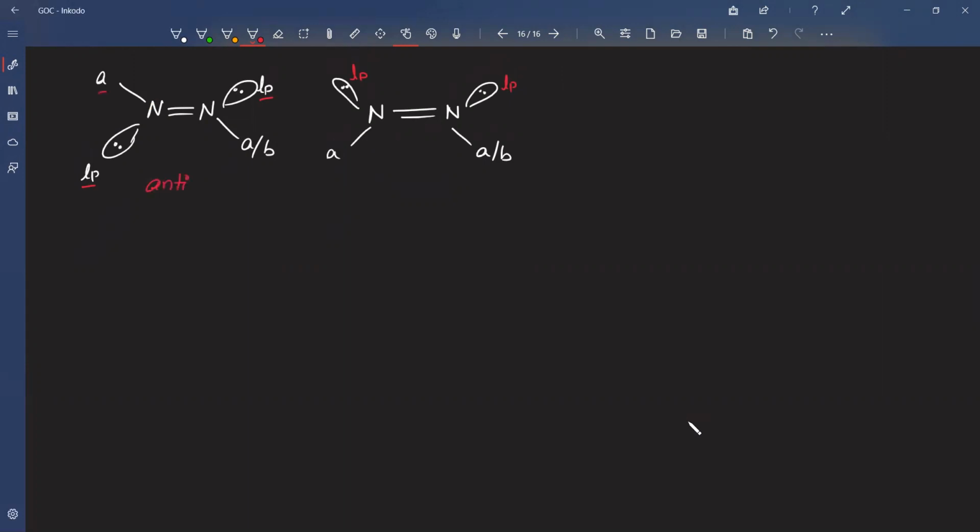So I don't care what is here and here. That is insignificant. Just based on lone pair, I can give them two different configurations. So this is similar to cis and trans. But in cis and trans, there was no lone pair. In cis and trans, they were actual substituents. Here, they are lone pairs. It is actually the absence of substituents in those places.